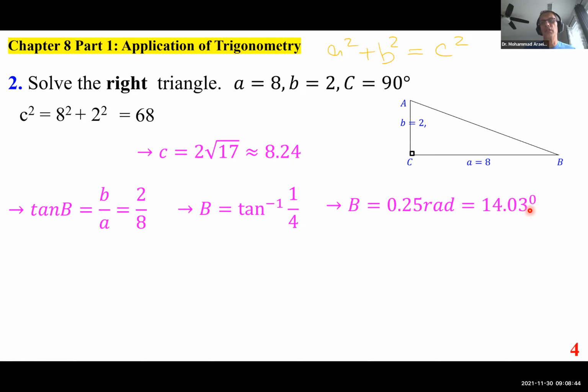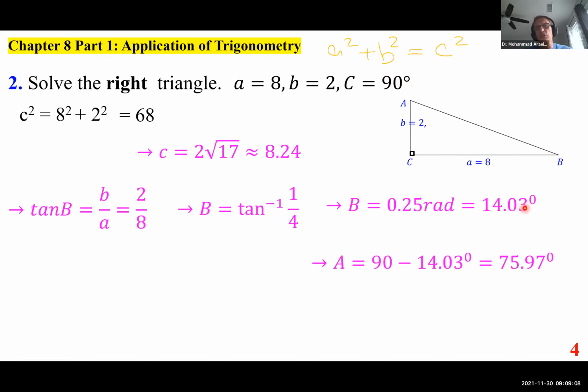The reason we put it in degrees is because the given angle was in degrees. And the last angle would be 90 and 14.03 added up, subtracted from a total of 180, or simply put, A and B are supposed to add up to 90, so 90 minus that.